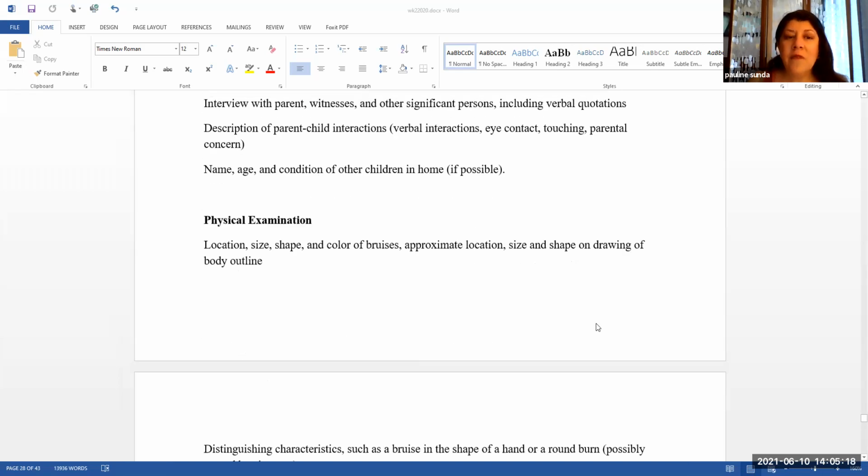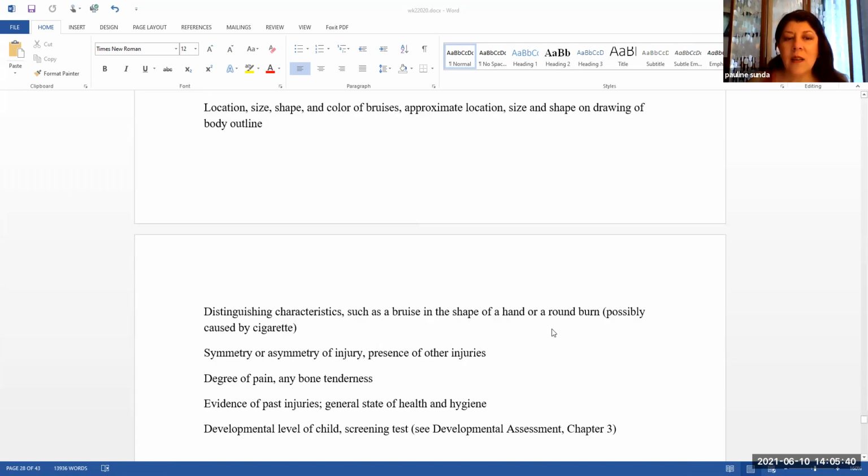And then physical exam is really a location, size, shape, and color of bruises, the location, and you want to put this in the chart on a body. Usually they have a cartoon body shape, and you can mark the location of the injuries.